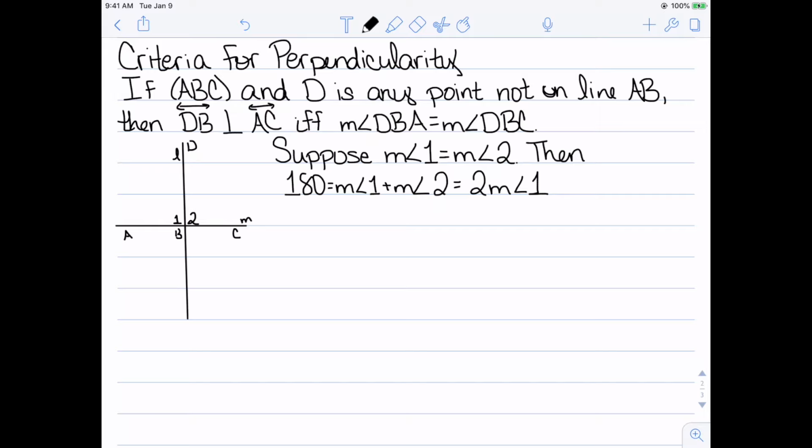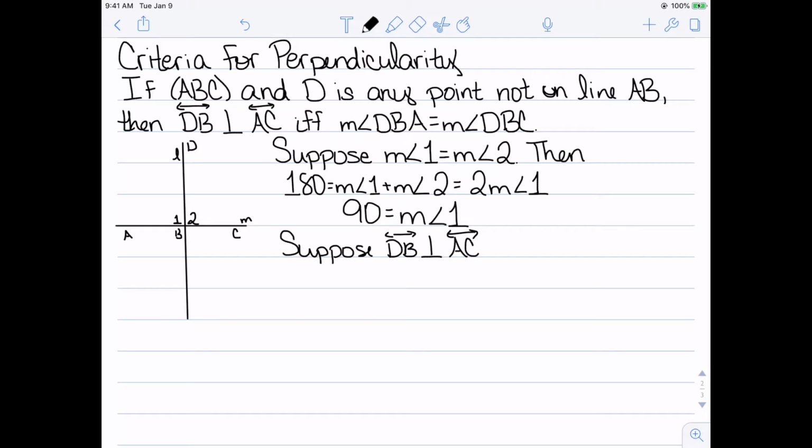And since angle 1 and angle 2 are congruent, this is the same thing as 2 times the measure of angle 1. Dividing both sides by 2 gives us that angle 1 is 90 degrees. We then have angle 2 is also 90 degrees since they're equal. And then our bottom two angles will also have to be 90 degrees since they are vertical angles of angles 1 and 2. So we do have all four right angles.